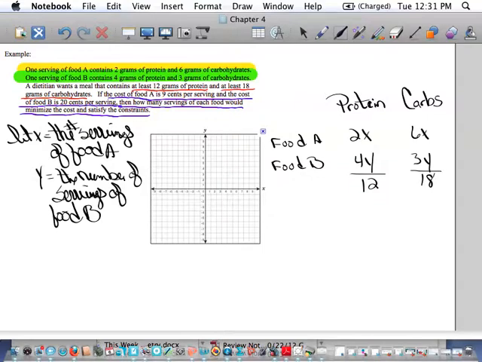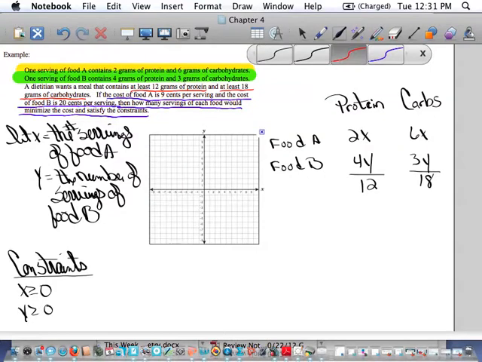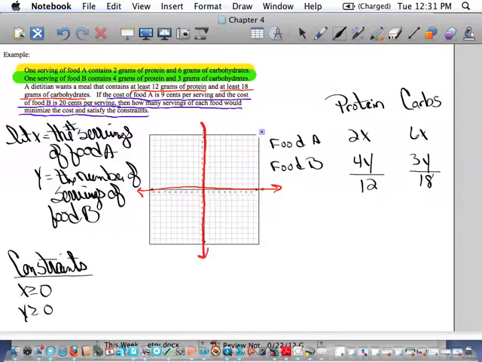So now let's look at writing our constraints. Again, x is going to be greater than or equal to 0, and y is going to be greater than or equal to 0 because we're not going to have less than 0 grams of protein or carbohydrates. So we're again looking at that first quadrant as being the region that our graph will fall in.